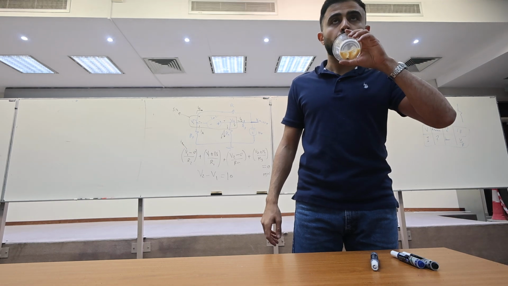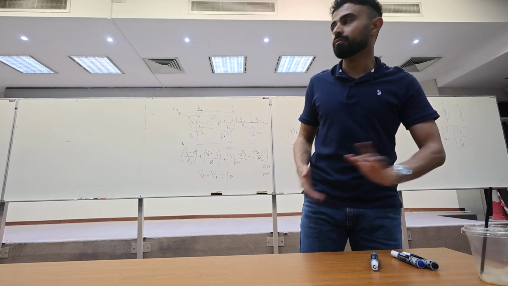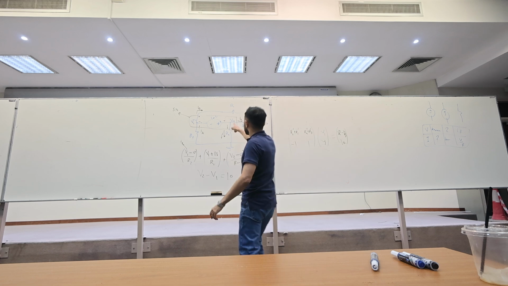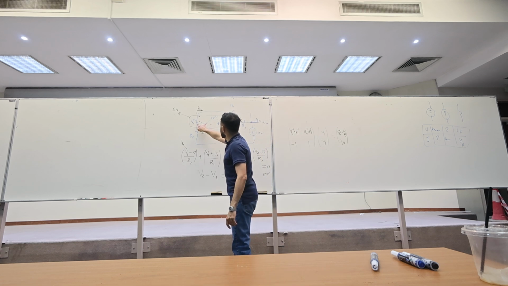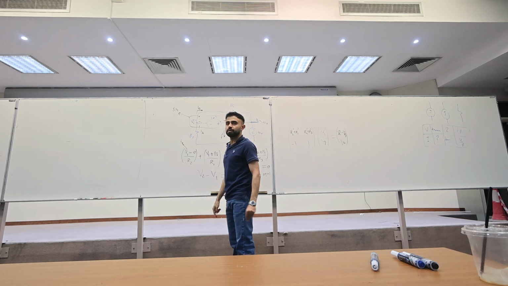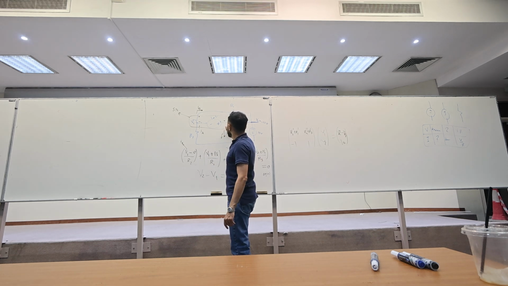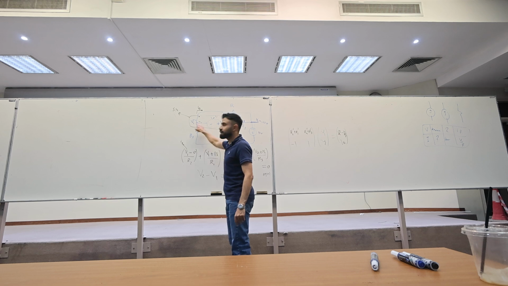Why can't we say V2 is lower? Because V2 minus V1 is 10 volts, and V1 minus V2 is minus 10. V2 is 10 volts higher than V1.